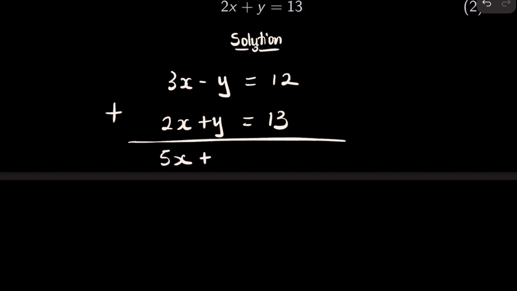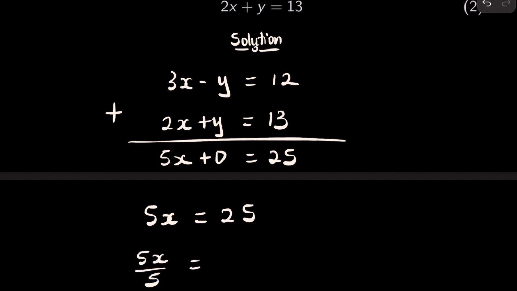So that will be plus 0 is equal to 12 plus 13. That's going to give us 25. So at the end, we have 5x is equal to 25 because 0 has no effect. So solving for x, we will have 5x divided by 5 is equal to 25 divided by 5.